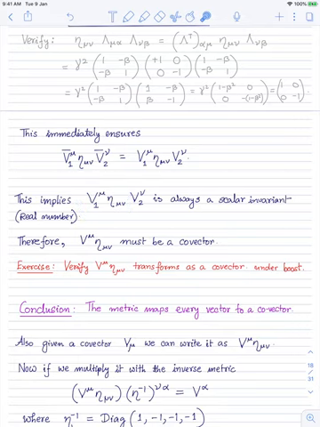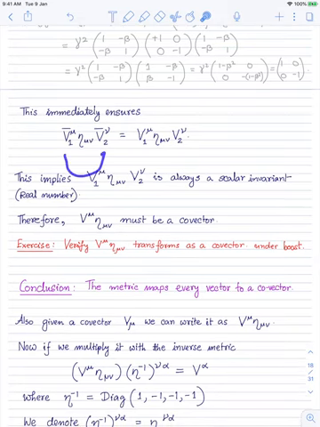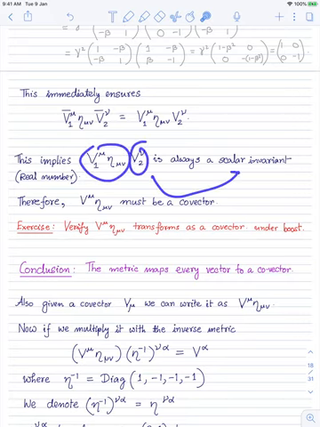This is the idea: I have taken two vectors multiplied by eta, and the property of eta ensured that this was invariant. Now once that is an invariant, we can think of this combination as a covector which maps my vector to a scalar invariant real number.